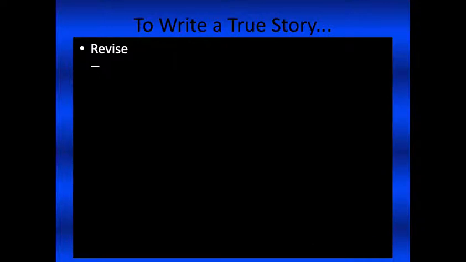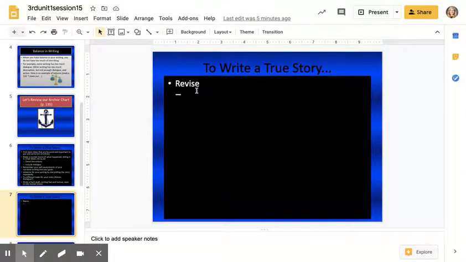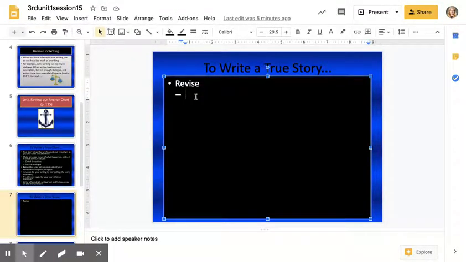So today we're talking about revision, but we also talked about revision last week. Let's add a little bit more to our anchor chart. We want to make sure we are revising. What does that mean? It means to make your story better. How do we revise, Mrs. Halverson? One way is to try what other authors have done.